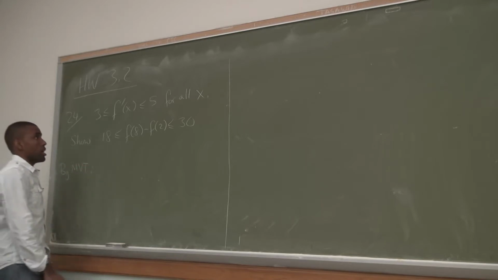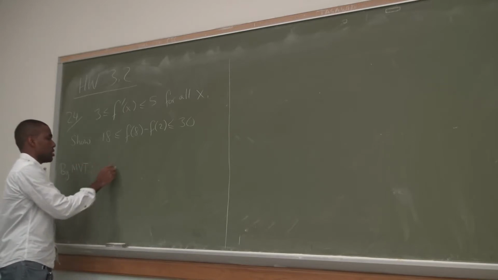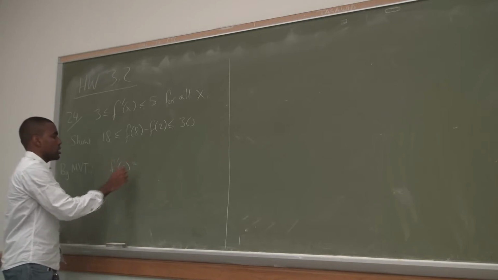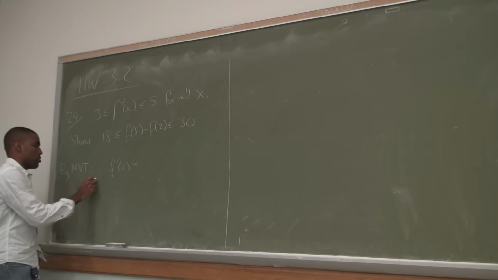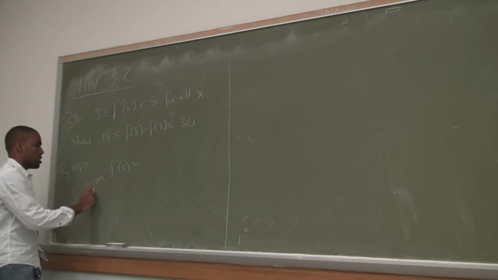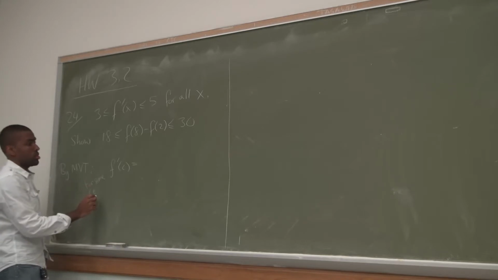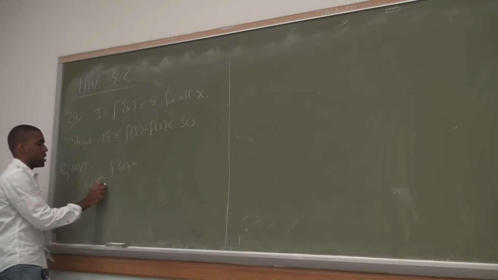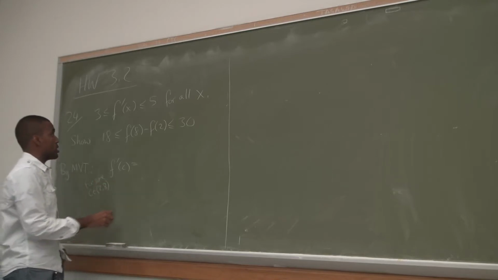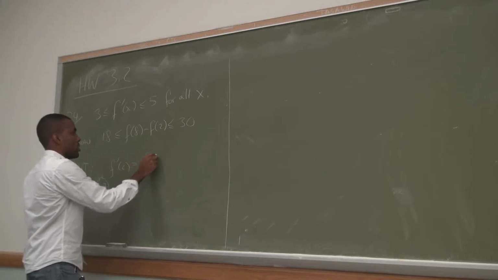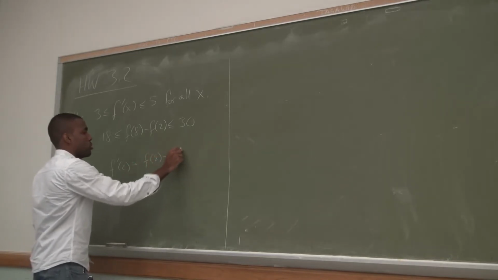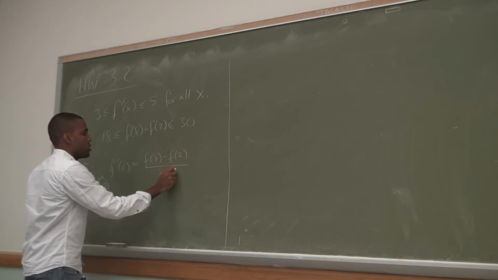We know that F prime of C, for some C in the interval 2, 8, should be equal to F of 8 minus F of 2 over 8 minus 2.